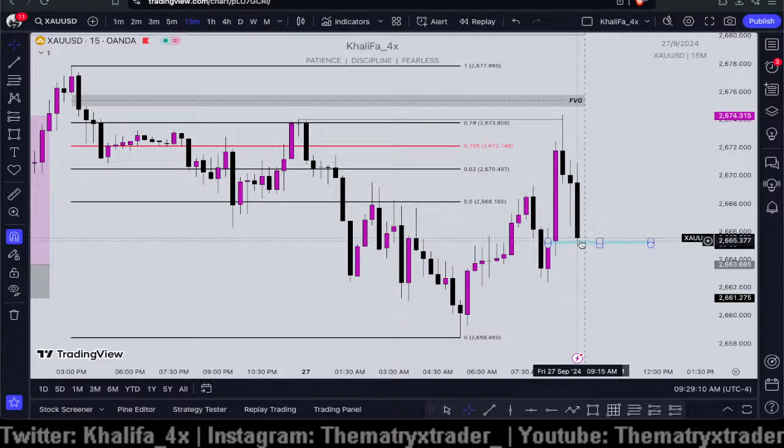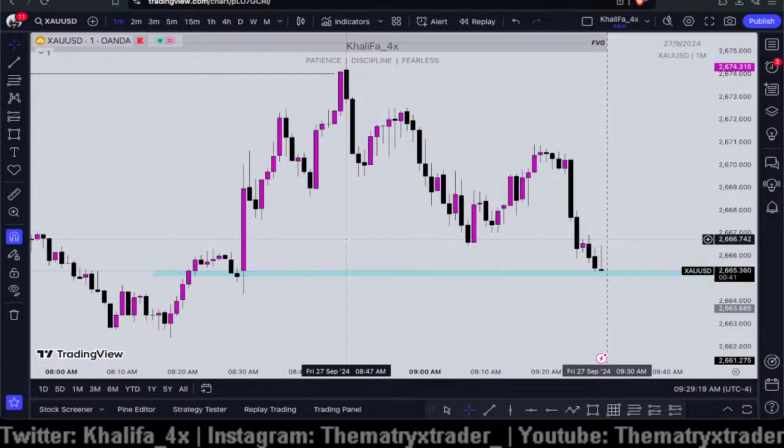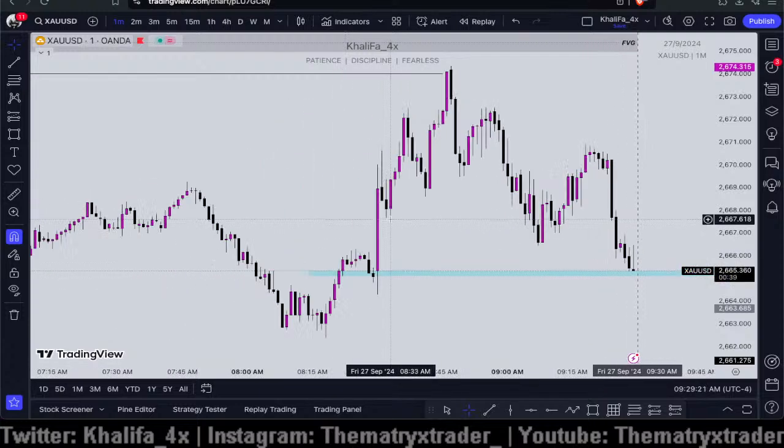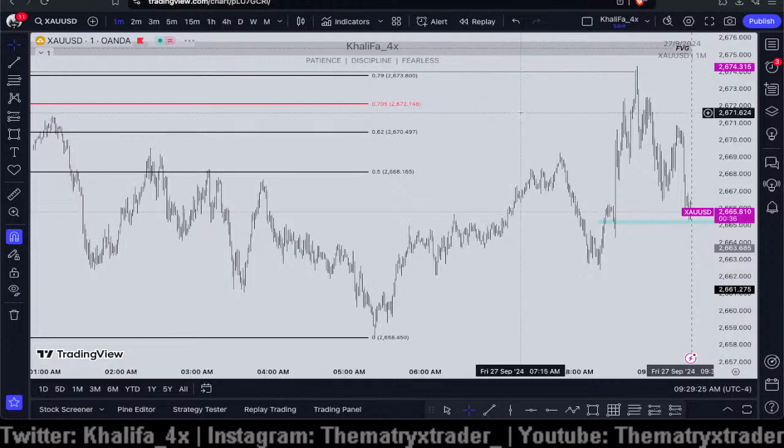Oh, okay. The gold just tapped into this volume imbalance. See this? Small little volume imbalance. So this is the range.